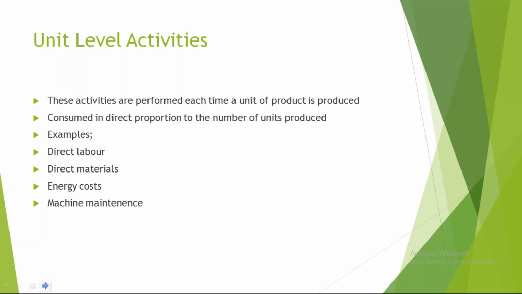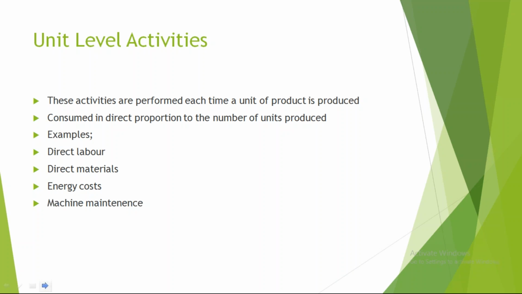The expenditure we consume, if that expenditure happens or the activities happen every time a unit is produced, that is called a unit level activity. Every time we produce something, there is expenditure happening. For example, direct labor, direct material.